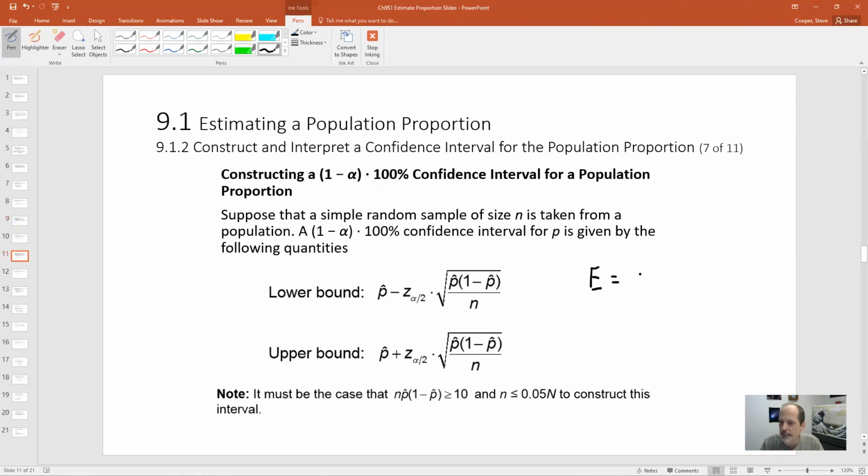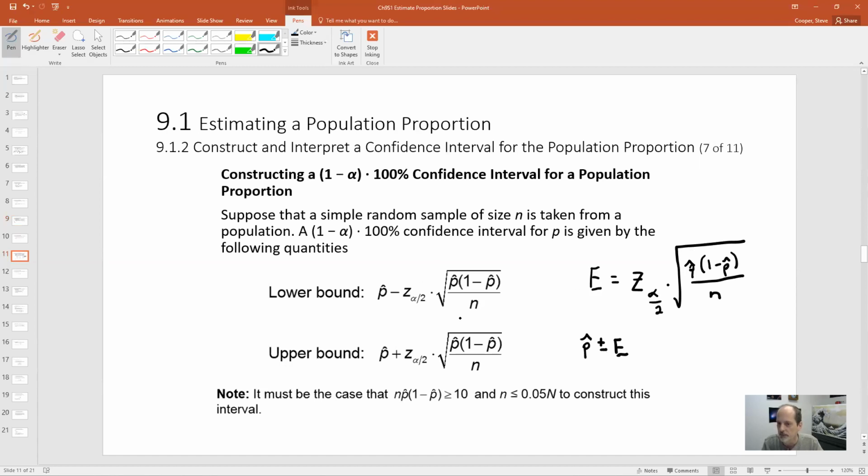If we think of E as Z sub alpha over 2 times the square root of p hat times 1 minus p hat divided by n, then our lower bound is just going to be p hat minus E. So we can think of the confidence interval as p hat plus and minus E. That's all this is saying.